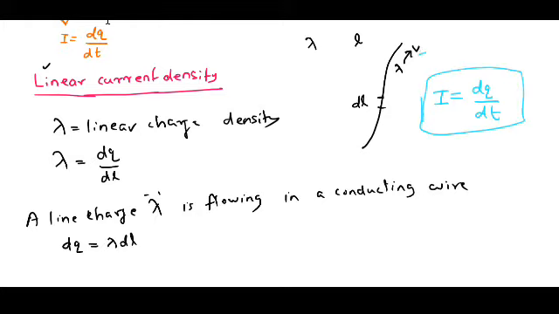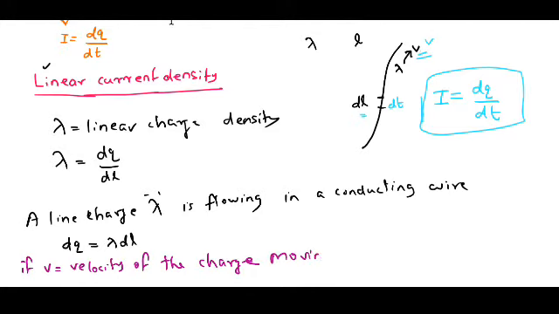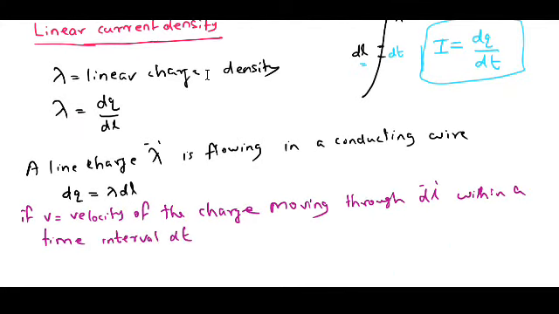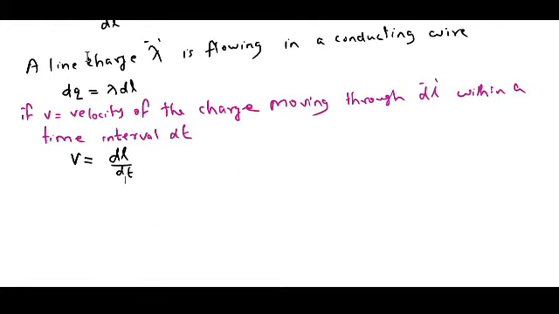If v is the velocity of the charge moving through the length dl within a time interval dt, then the velocity can be written as v is equal to dl by dt. Or dl can be written as v dt. Our aim is to find the current in each case.